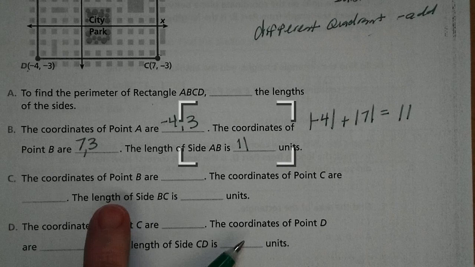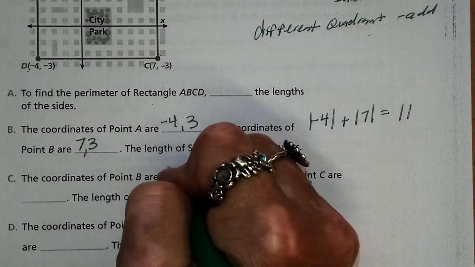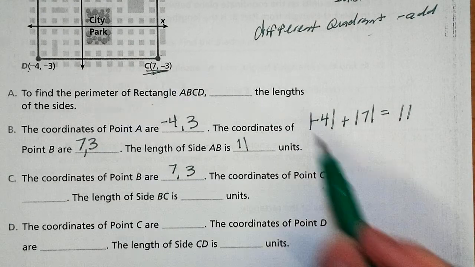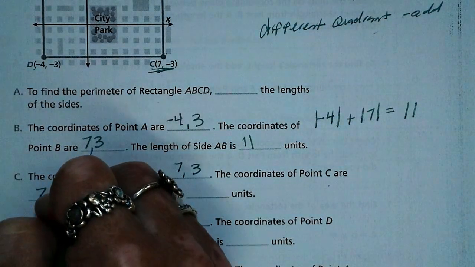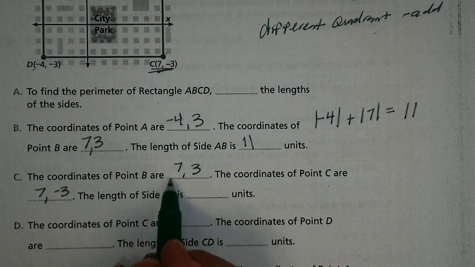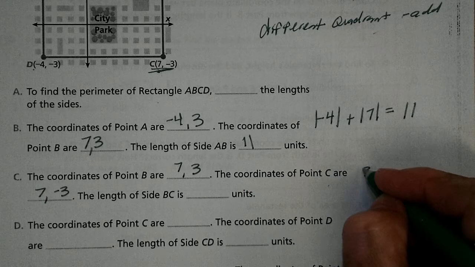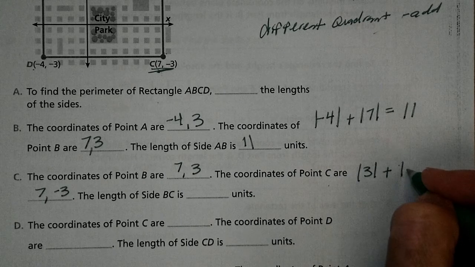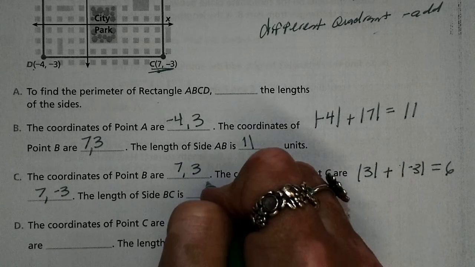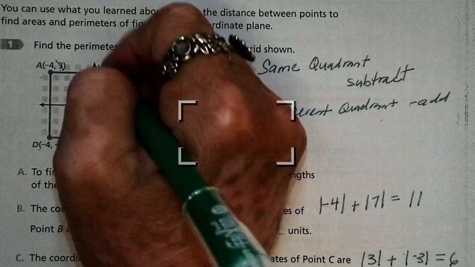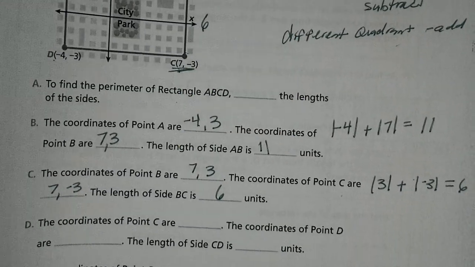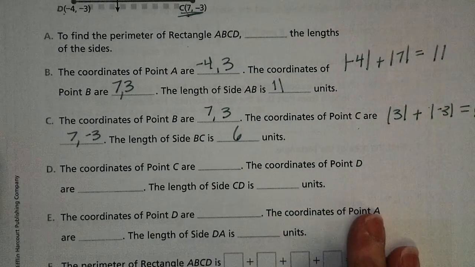Okay? We already know the coordinates of B, which is 7, 3. The coordinates of C is 7, -3. So we're not going to use the 7's. So the absolute value of 3 plus the absolute value of -3 is 6. So this is 11, this is 6. That means CD is also going to be 11 as well.